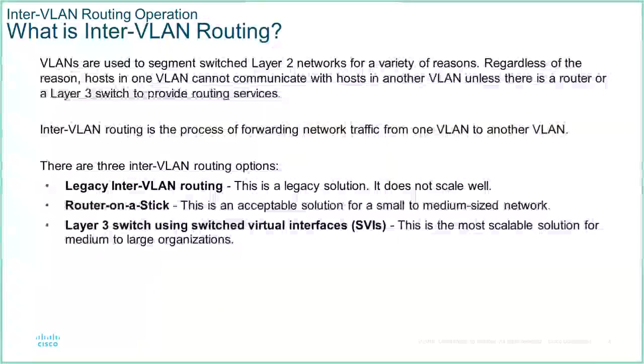Router on a stick is basically where we use a single router with a trunk, which is an acceptable solution. But for larger networks with a lot more traffic, we need to look at using multi-layer switches with switched virtual interfaces. This is very scalable and applies to large traffic networks.